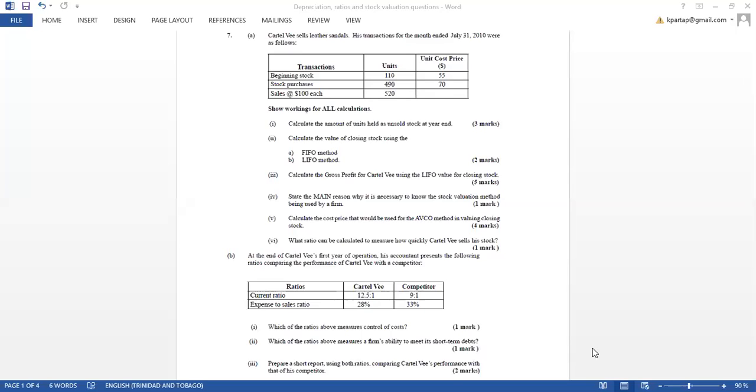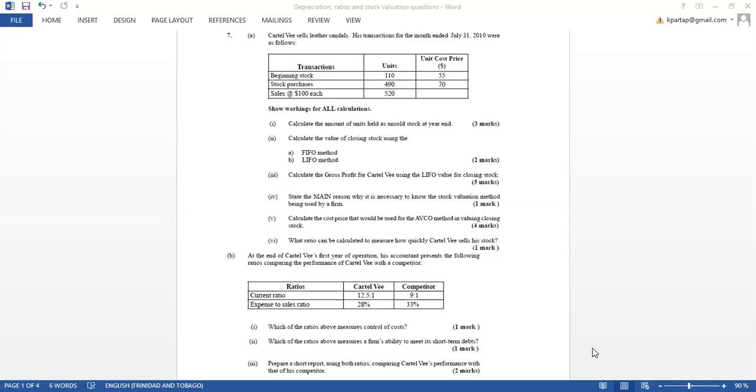So to make sure that you can come up with accurate calculations for your financial figures, you need to be aware of the closing stock method that is being used. Basically, to get accurate stock valuation, you will need to know which method is being used to calculate your closing stock. Right, so that's basically for 1 mark.